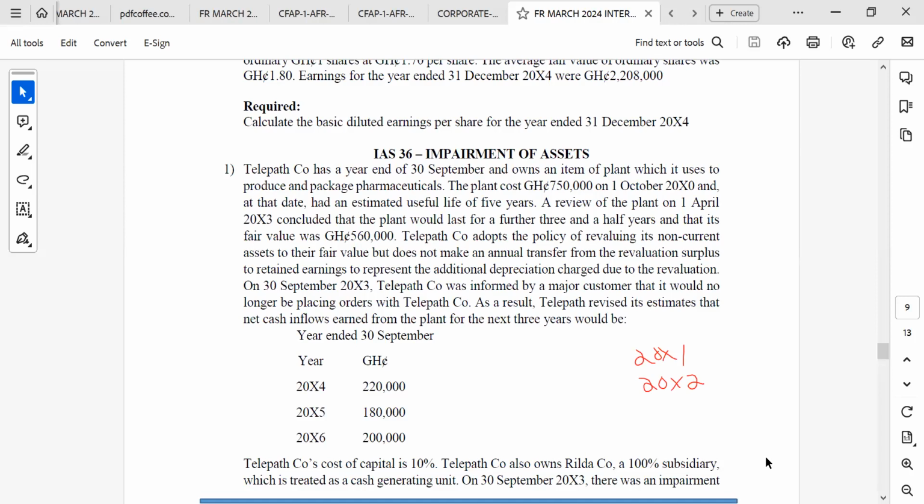Are you sure it's 3 months? 2 years, 6 months. September 2x1 is 1 year. September 2x2 is another year. But the 2x3 is not September, it's only April. So October to April is 6 months. So that will be 2 years, what?